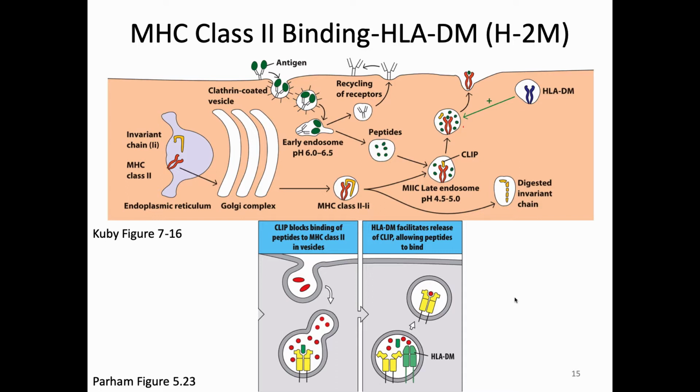But the moral of the story is we've got our MHC plus CLIP, DM comes along, dislodges CLIP, and we get a peptide in the peptide binding cleft. And so that's the fun step of Class II, which is the binding step, where HLA-DM or H2M leads to this happening.